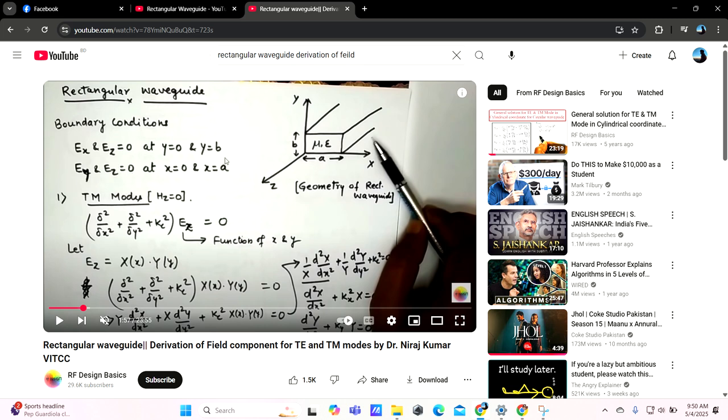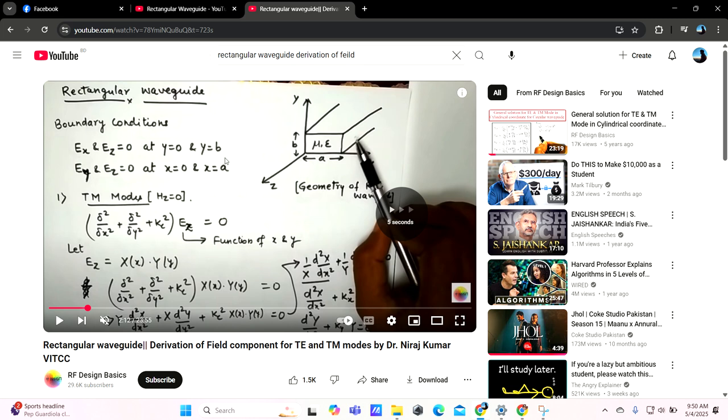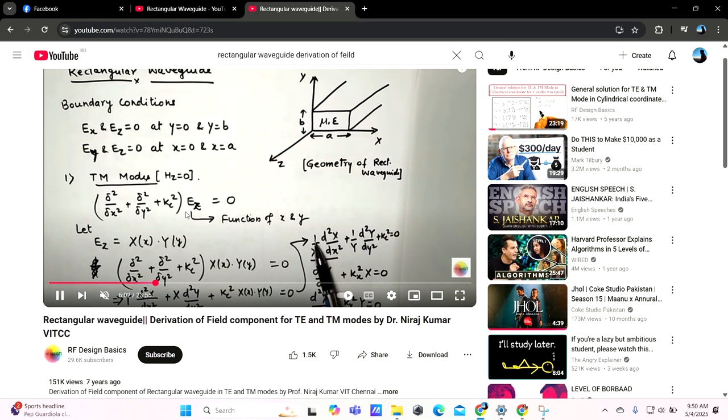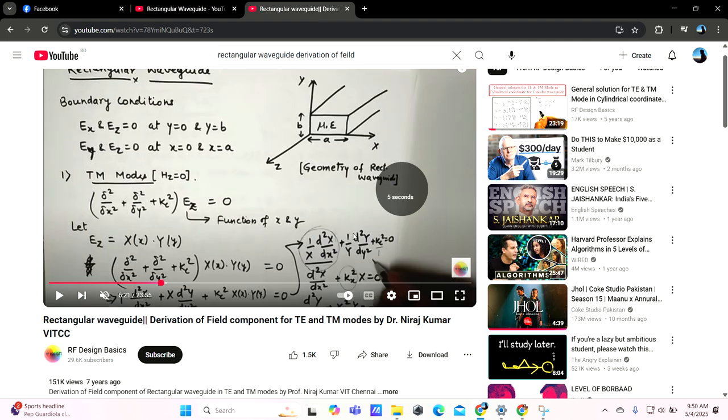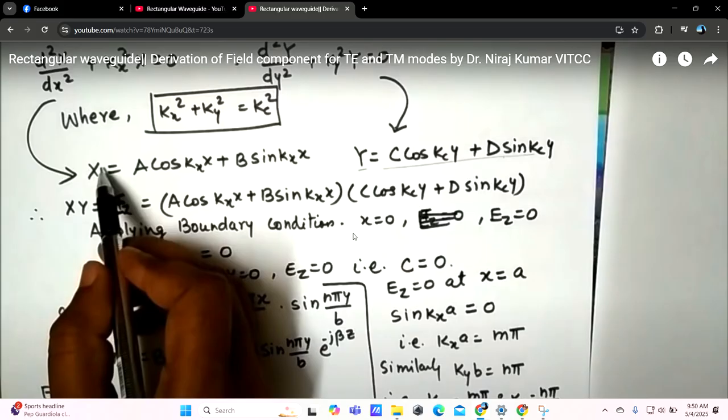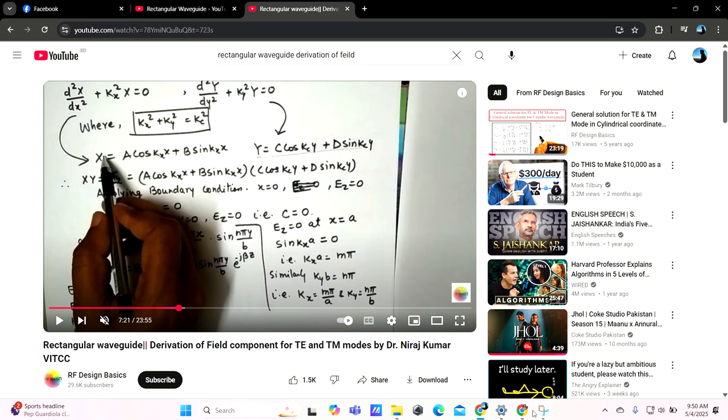These are our boundary conditions. Then if we derive the equation for our Helmholtz, with some mathematical manipulation, we will get this result. This is our main result.